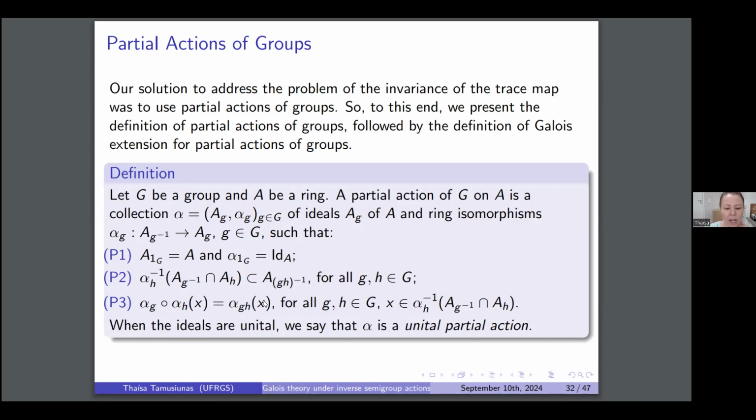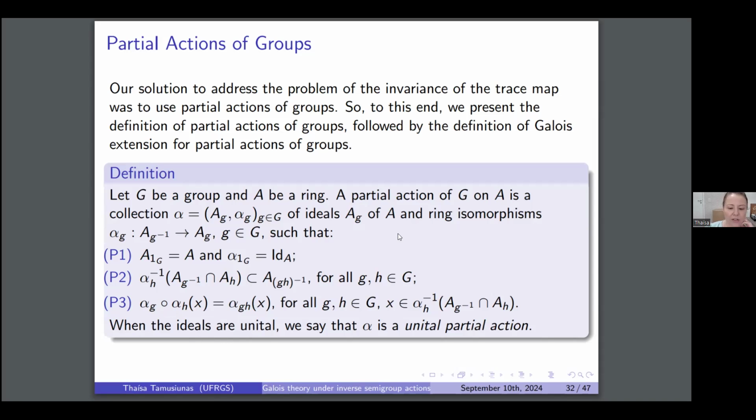So we need that this domain is in the domain of alpha GH for this to make sense. In other words, we are saying that alpha GH is an extension of this composition, and its domain is bigger than the domain of this composition.